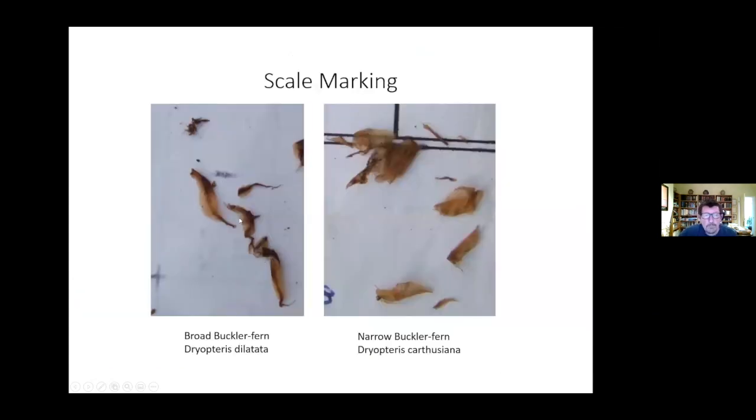Broad buckler fern has a black stripe in the middle of the scale. Sorry, this picture isn't particularly good to show it, but it just about shows it. There's a black scale here. Whereas a very similar species, the narrow buckler fern, doesn't. It just has plain brown scales. So these markings on the scales are, again, an important character distinguishing between species.